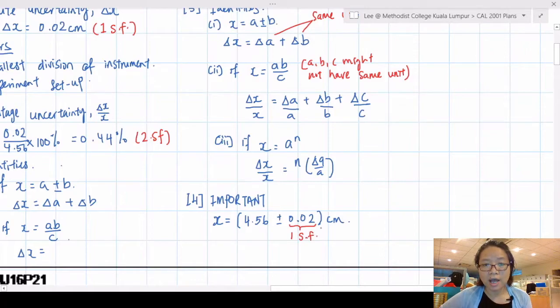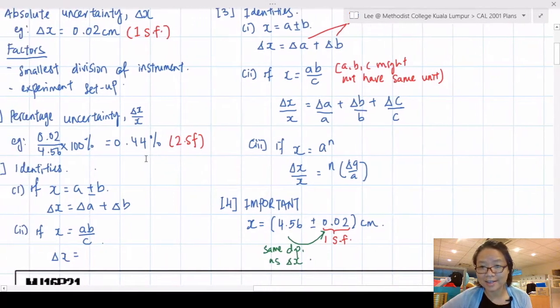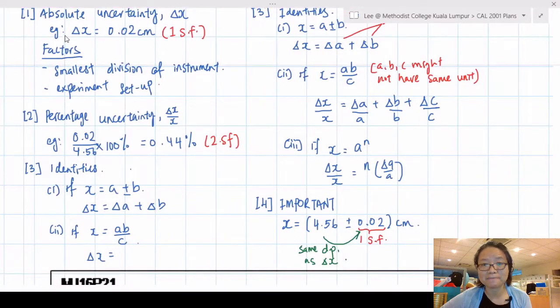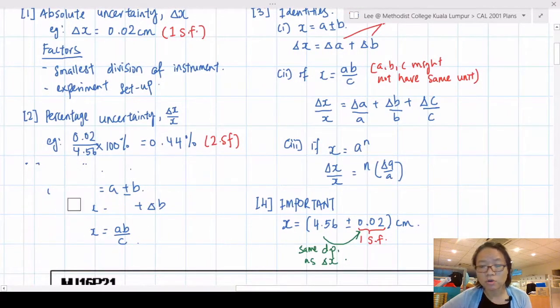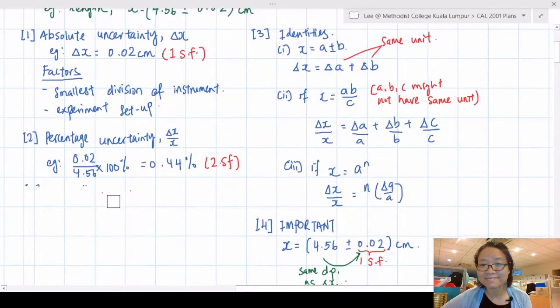So this absolute uncertainty must be 1 SF. I don't care what you do, the number at the back has to be 1 SF. And the number in front must have the same decimal point as the number at the back. So your actual reading has the same decimal point as your delta x or your absolute uncertainty. Failure to follow will lose 1 mark. That's all.